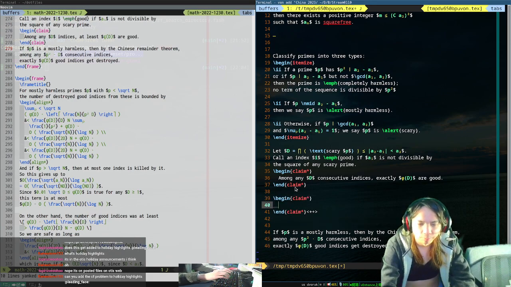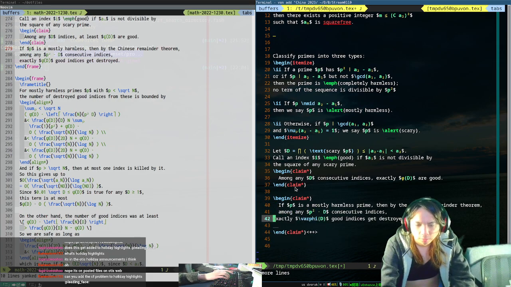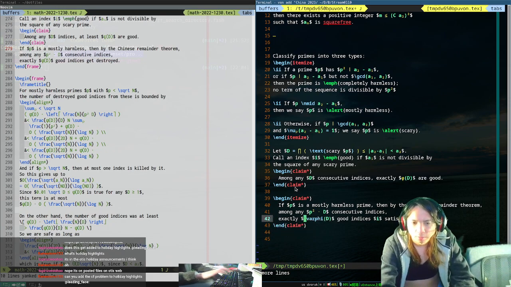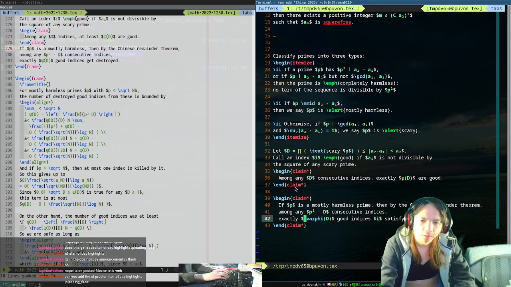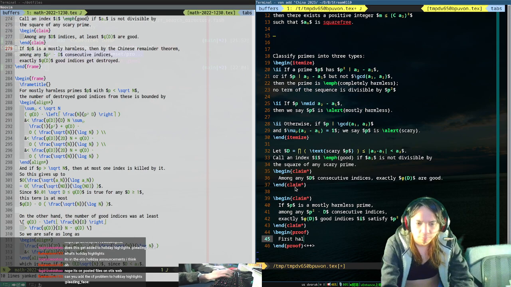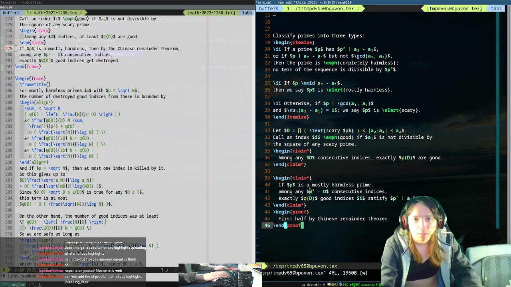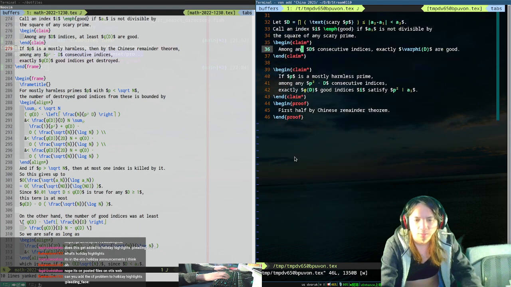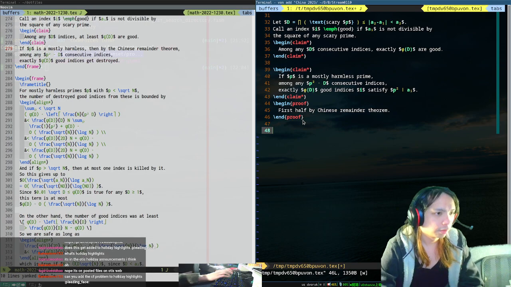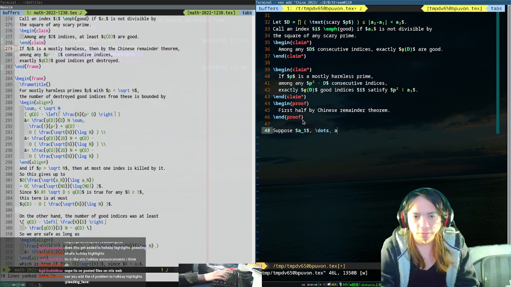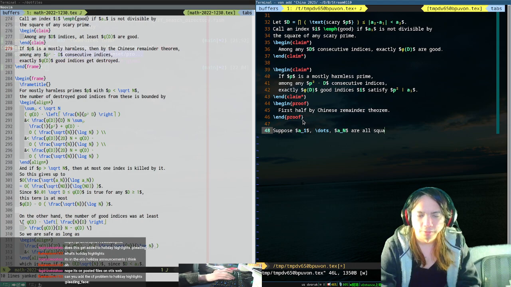Claim: the indices i satisfying p squared divides a_i. So the first half is by Chinese remainder theorem. Okay, suppose a_1 to a_N are all not square free, n be large.